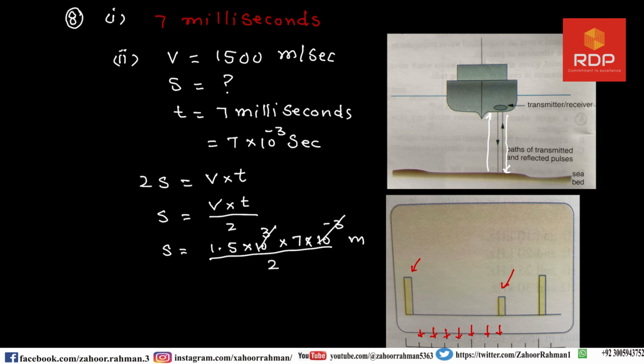Now this 10 raised to the power 3 and 10 raised to the power minus 3 will cancel, and we will only be left with 1.5 into 7 divided by 2, which is equal to 10.5 divided by 2 meters, and that will be equal to 5.25 meters. This is the answer of the second part.